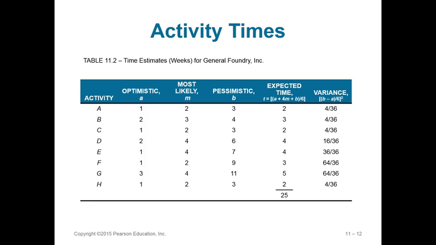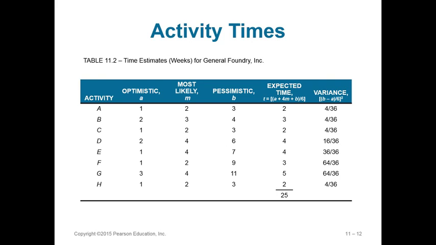You notice that the expected time for the whole process, if you sum up all of the times, would be 25. But that is not the length of time from start of a project to the end of a project. That is the compilation of all the times for all the activities within the project.